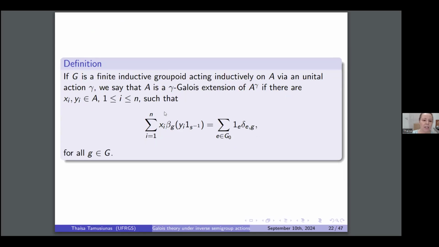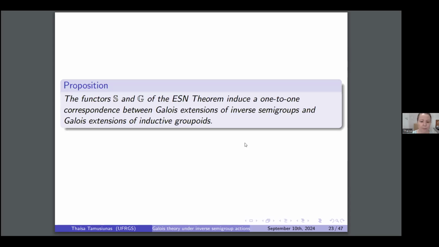Here I included the definition of Galois extension for inductive groupoids, but it's the same. Just here we have the set of identities of the groupoid instead of the set of idempotents of the inverse semigroup. But essentially, it's the same definition.